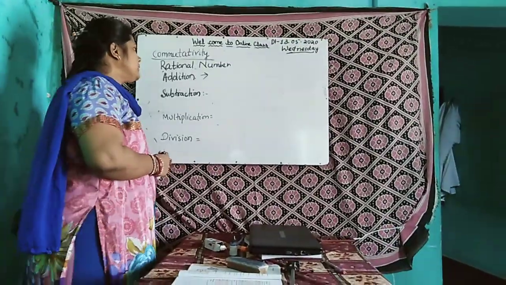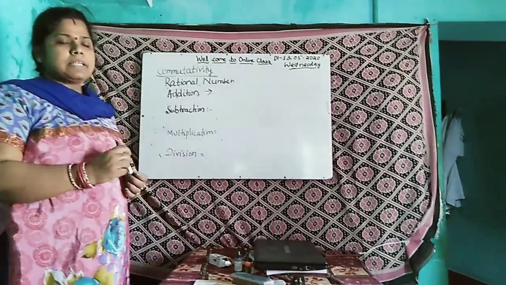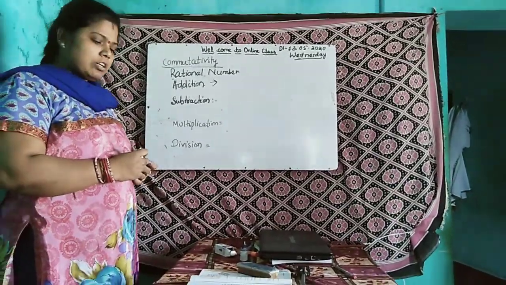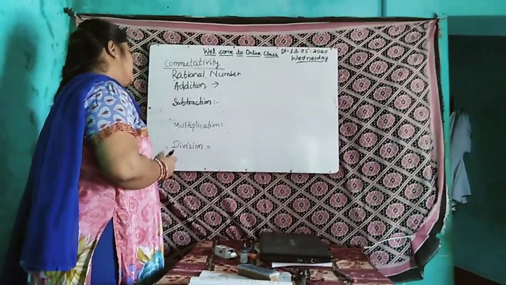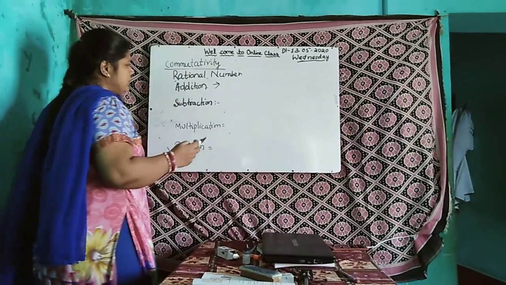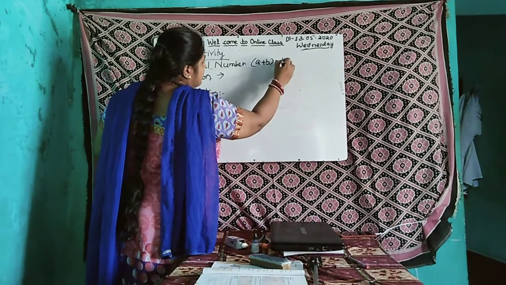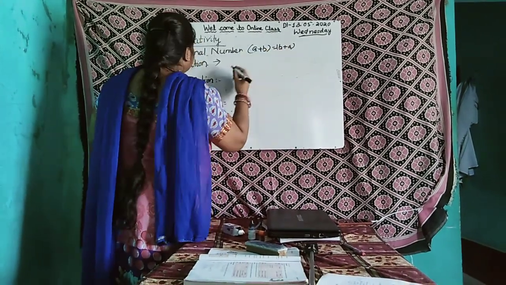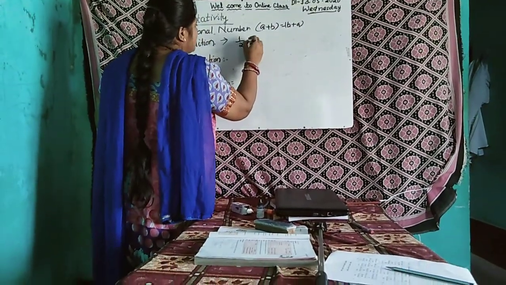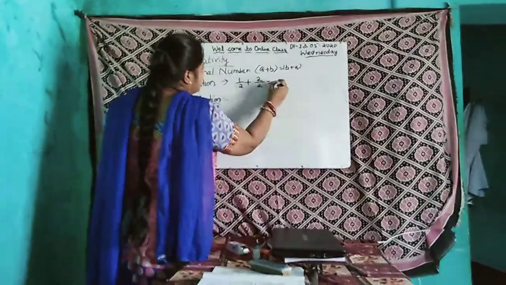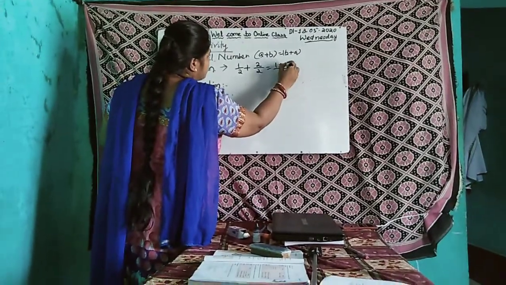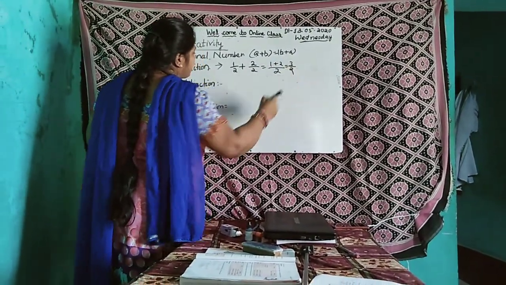So now we see whether rational numbers satisfy the commutative property or not. The same thing: take two rational numbers and add them. That is the same procedure, a plus b equals b plus a. Suppose 1/2 plus 2/2, 1 plus 2 equals 3/2.